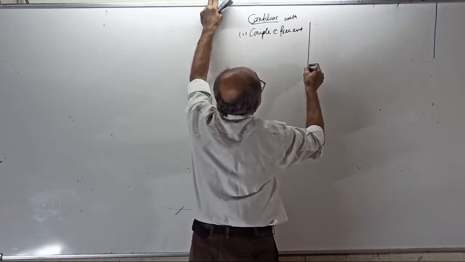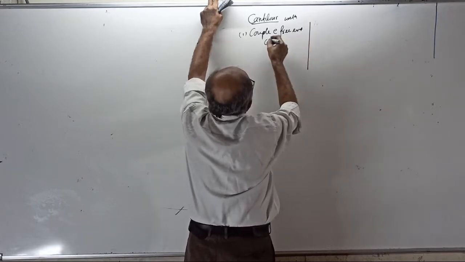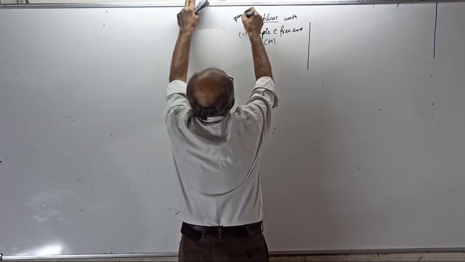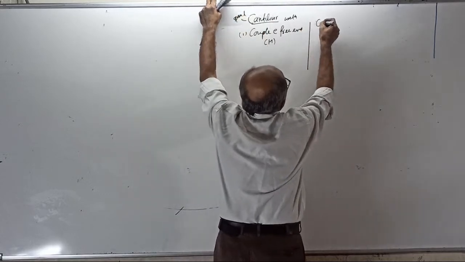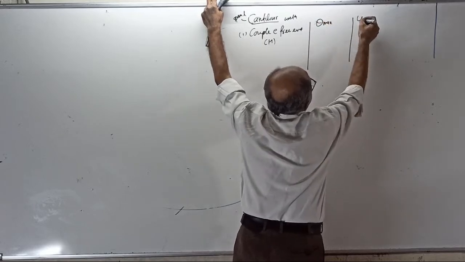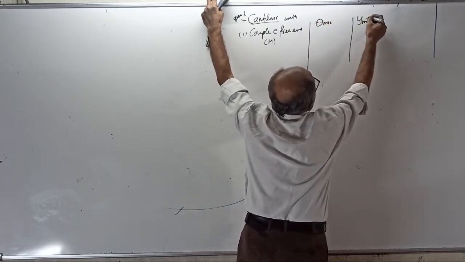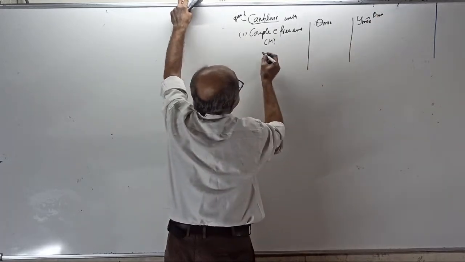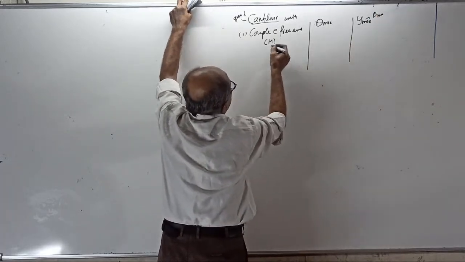I want couple M at free end, span L. I want theta max and Y max, or delta max. Okay, start. Couple at free end means this way.